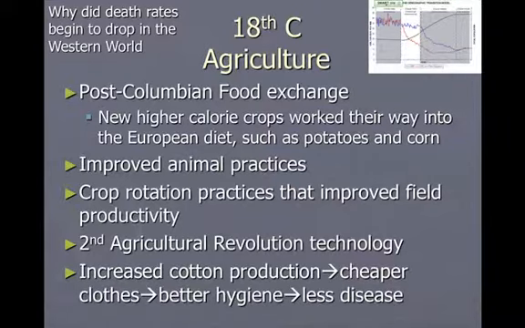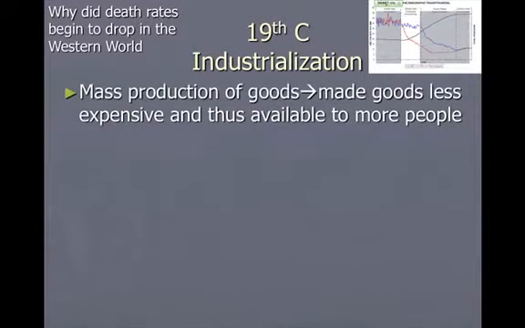And then we start to see advanced technology. And so as things became more advanced, it had an impact on actual hygiene or disease. In this case, more cotton led to cheaper clothing, led to better hygiene, led to less disease. Simple things that maybe we take for granted.